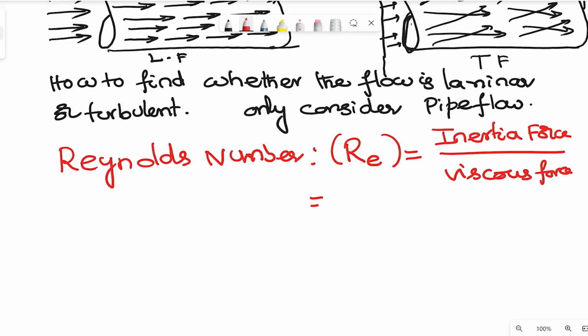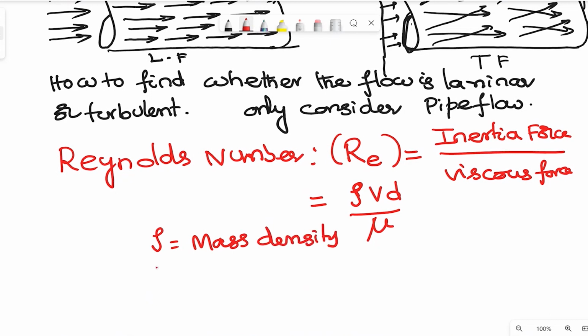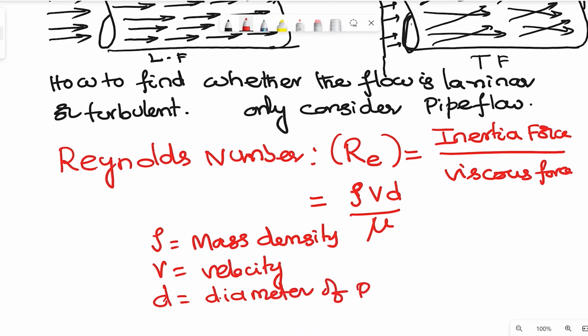And it is given by the expression rho V d by mu, where rho is mass density, V is velocity, it is mean velocity, d is diameter of pipe, and mu is dynamic viscosity.